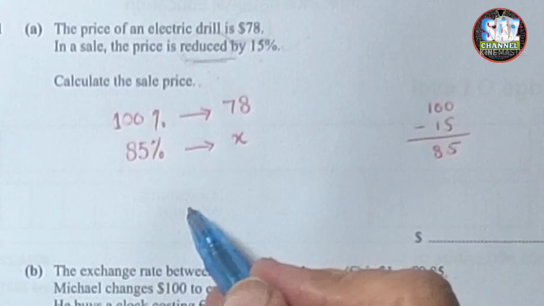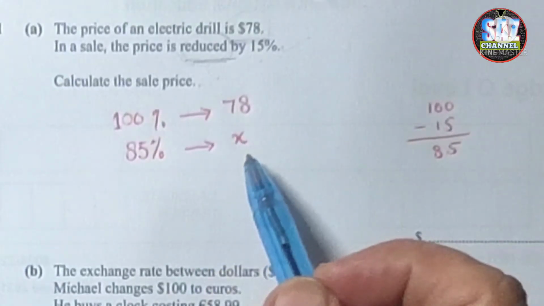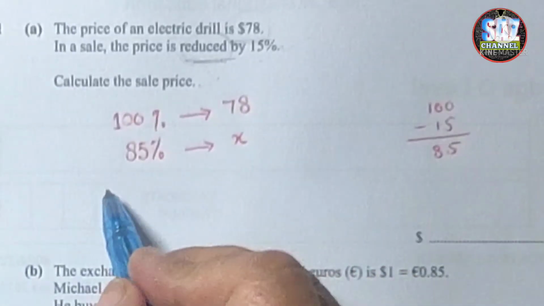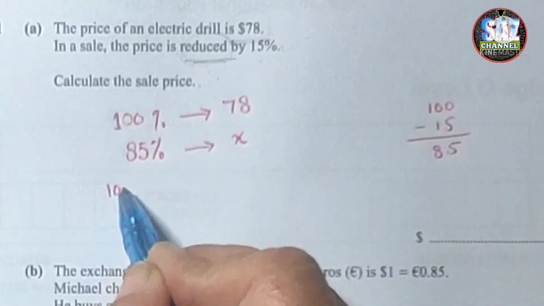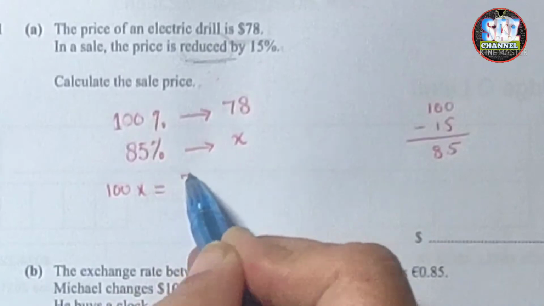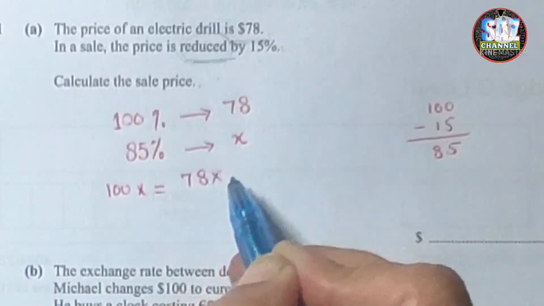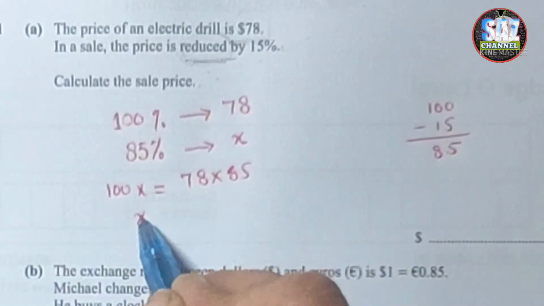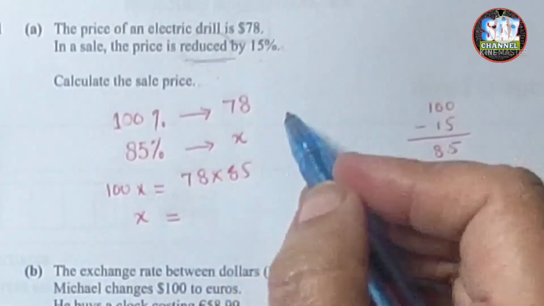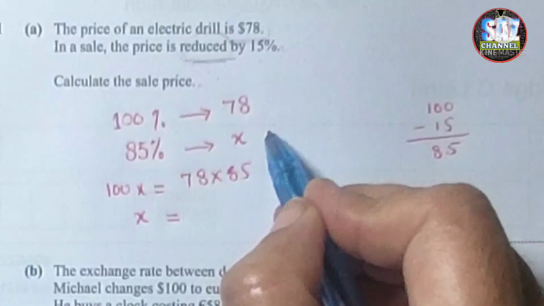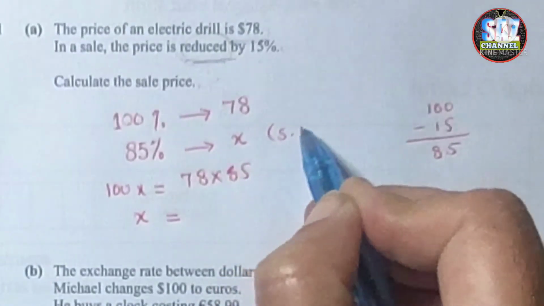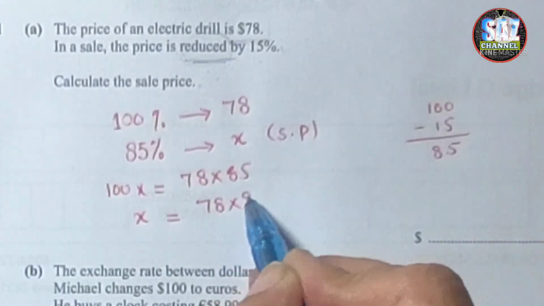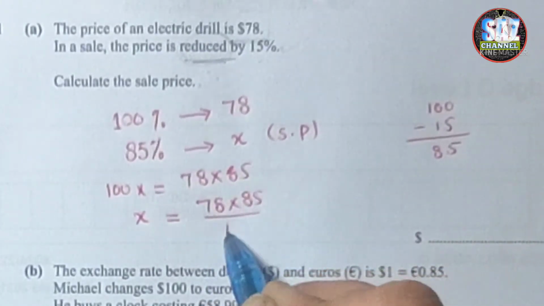Okay, now what we have to do, we can see that as the price is reduced, so 100x will be equal to 78 multiplied by 85, and x is the sale price. So x equals 78 multiplied by 85 divided by 100.